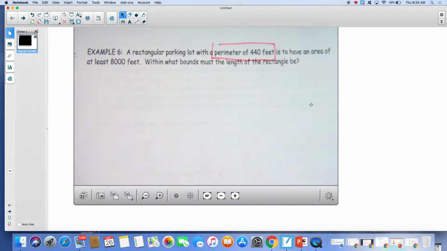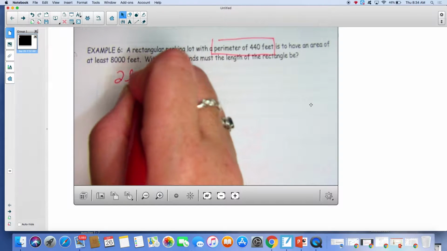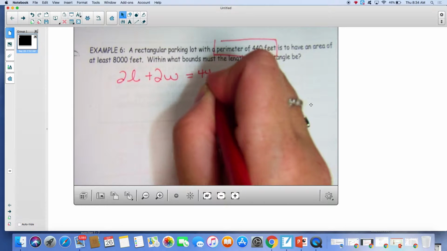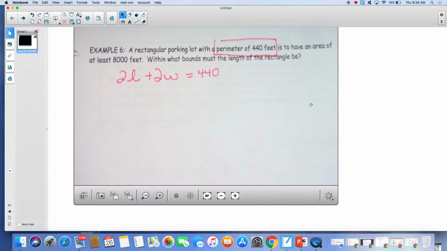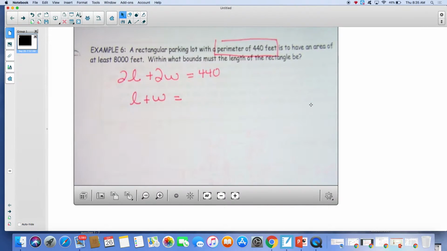What's a formula to find perimeter of a rectangle? Length plus width plus width. That's Pythagorean theorem. That's the sides of a triangle. So 2 times the length plus 2 times the width has to be 440. All right. So we know that the length plus the width has to be what?